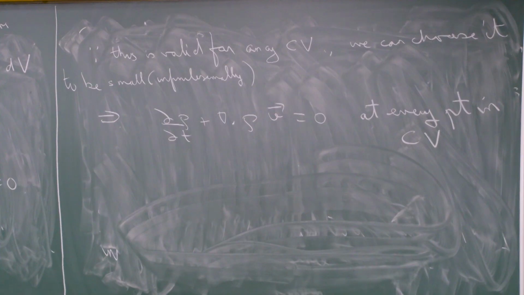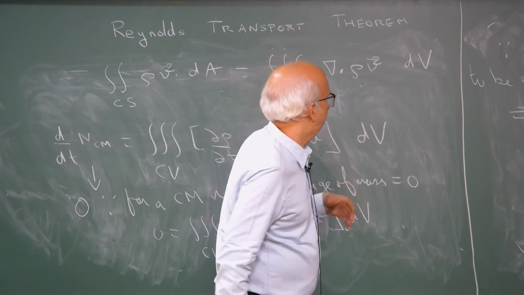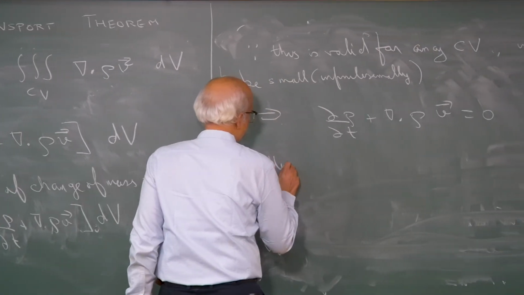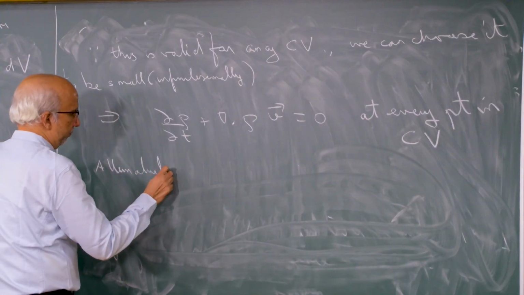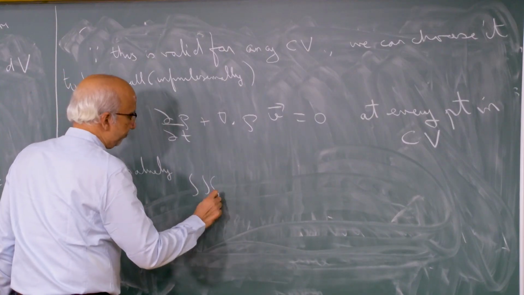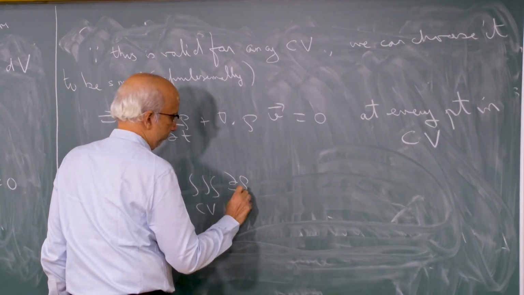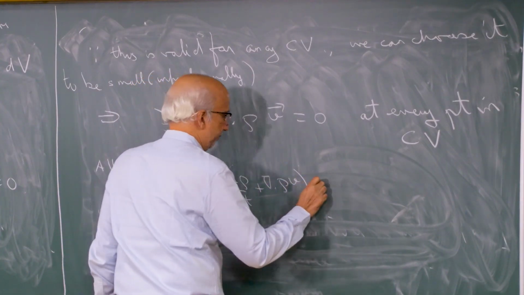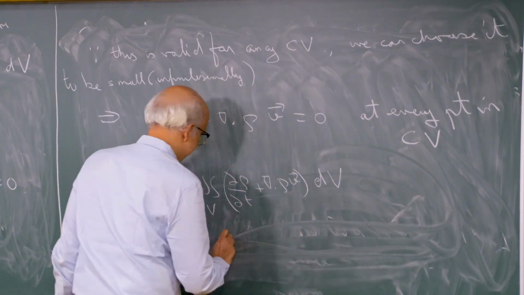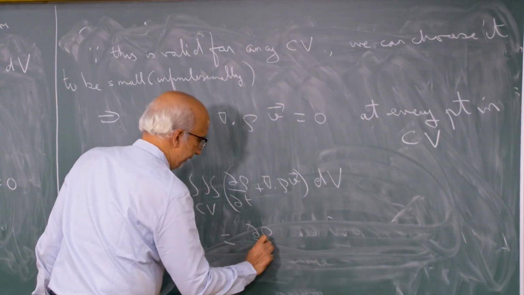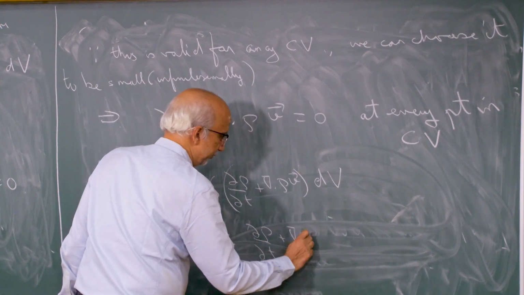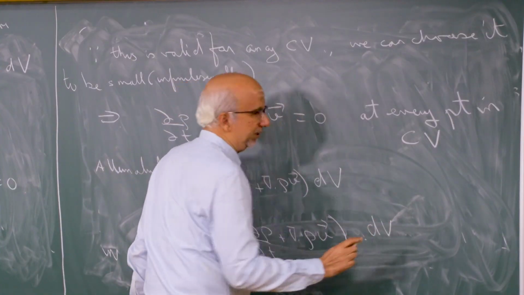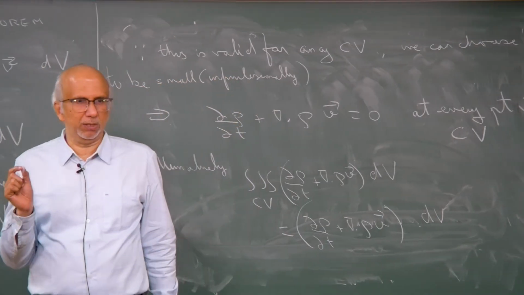Okay. Now, if that is not clear, you can just think that alternatively we can write the triple integral of (dρ/dt + divergence of ρv) dV, because this is a very small control volume.